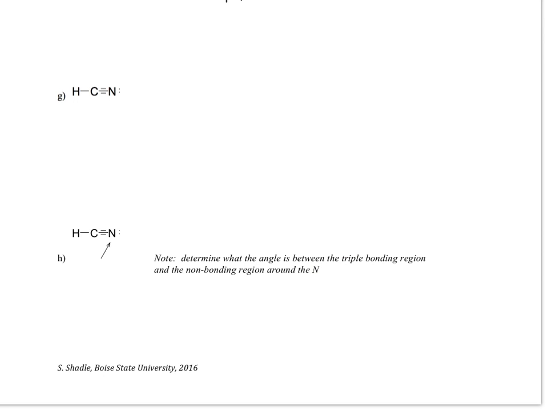Let's do one more. If we take the carbon in HCN, we recognize that carbon has 2 regions of electron density. One is a triple bond, one is a single bond. That's going to mean that the carbon is linear. I'm just going to redraw it so that we have a little more space. So that's what the carbon is going to look like.